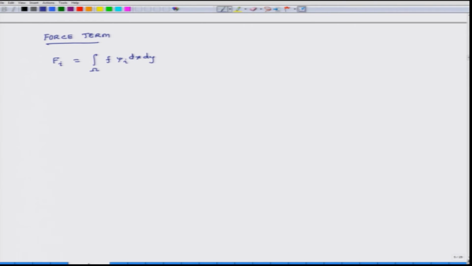Now, again if f is constant, then this small f is constant, then it will be f times integral of psi_i dx dy, and this is equal to, what is psi_i? Psi_i is alpha_i plus beta_i x plus gamma_i y dx dy, and here we are integrating it over the triangle.